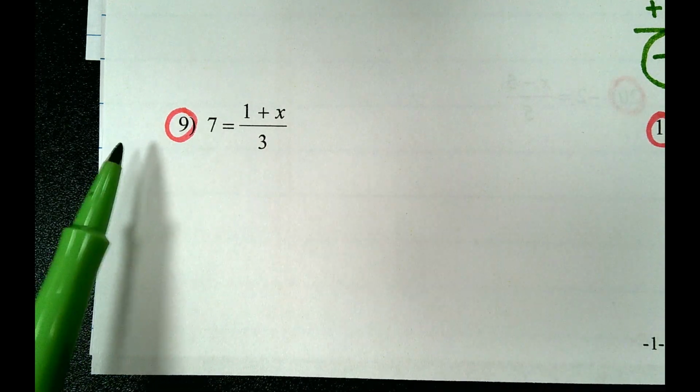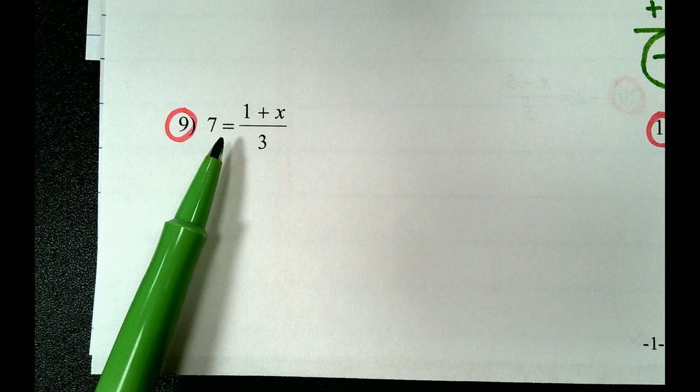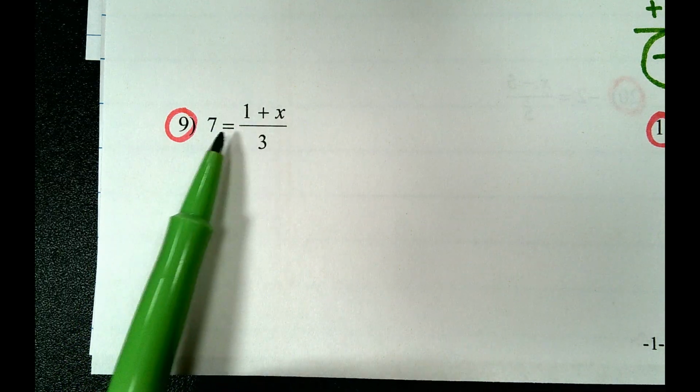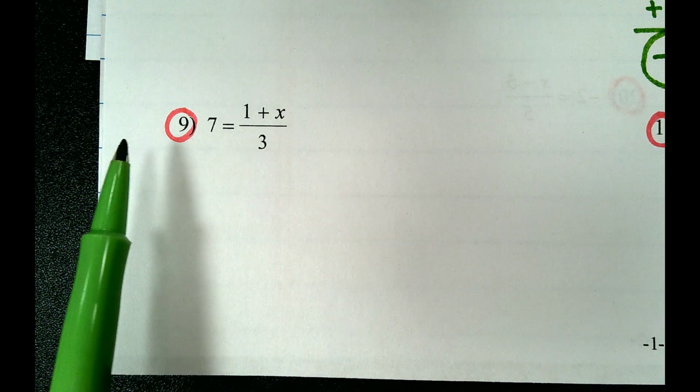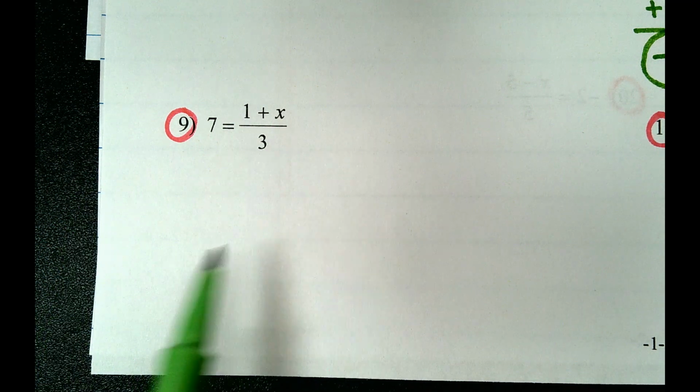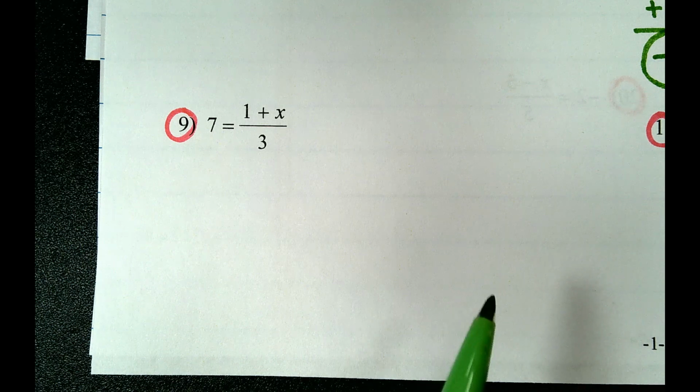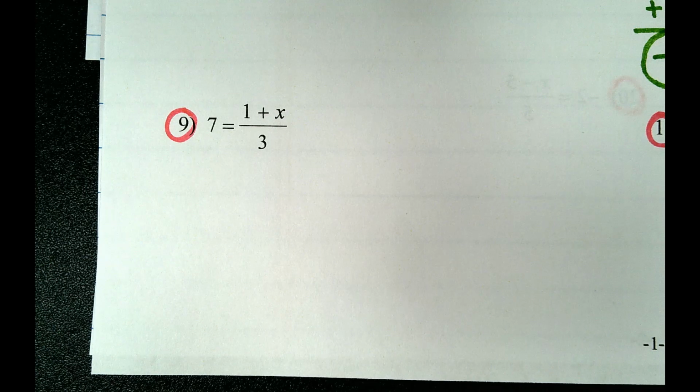So for number 9, I have 7 equals 1 plus x, all of that divided by 3. Do you have any idea what we might do first?